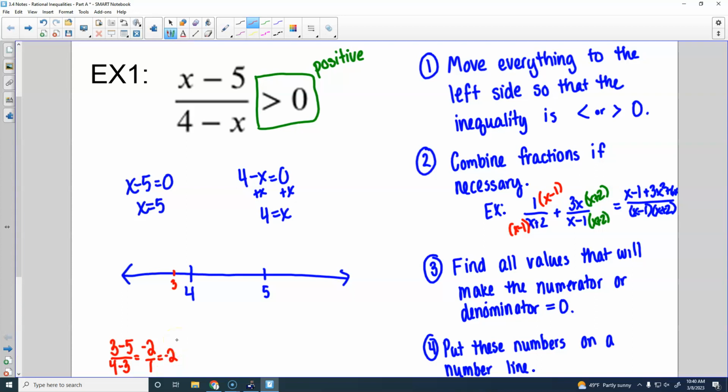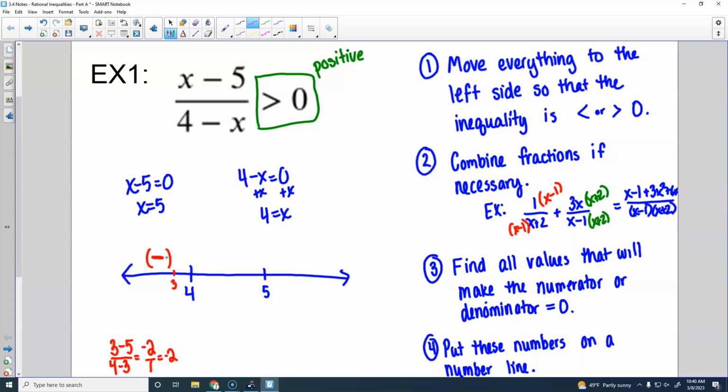All we care about is whether or not that's negative or positive. Not really its value, just whether it's negative or positive. Is it negative or positive? There. We got a negative for that. So in this section, we're getting a negative answer.